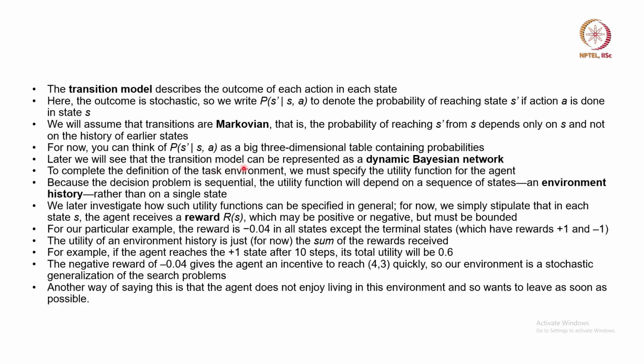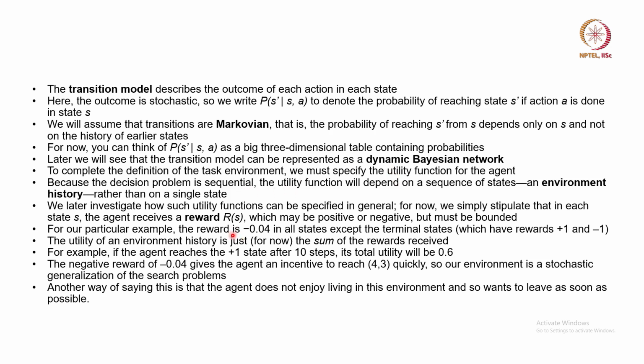So we can call this the transition model. But instead of that, you could also represent it as a dynamic Bayesian network. We know that in the dynamic Bayesian network, some of the values may not be necessary because you find the dependencies, so what the parent nodes are, etc., will be found, right?